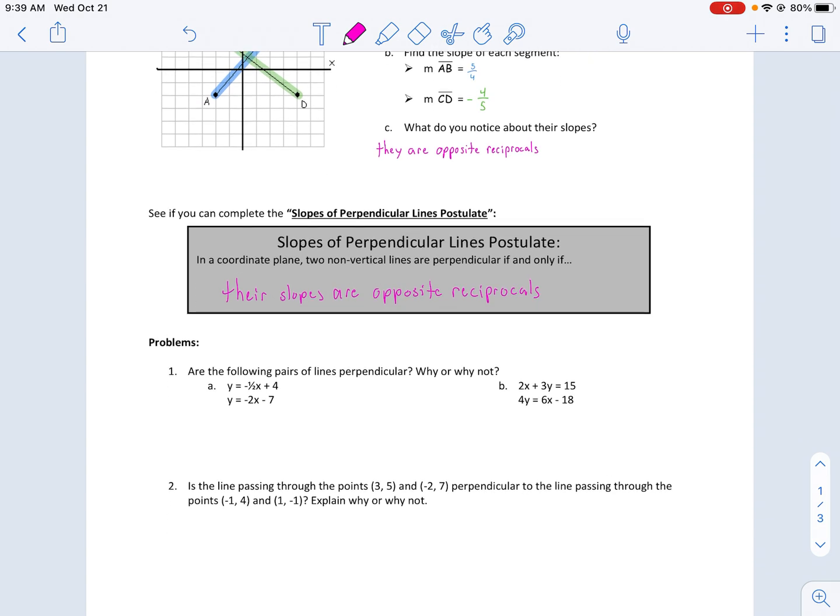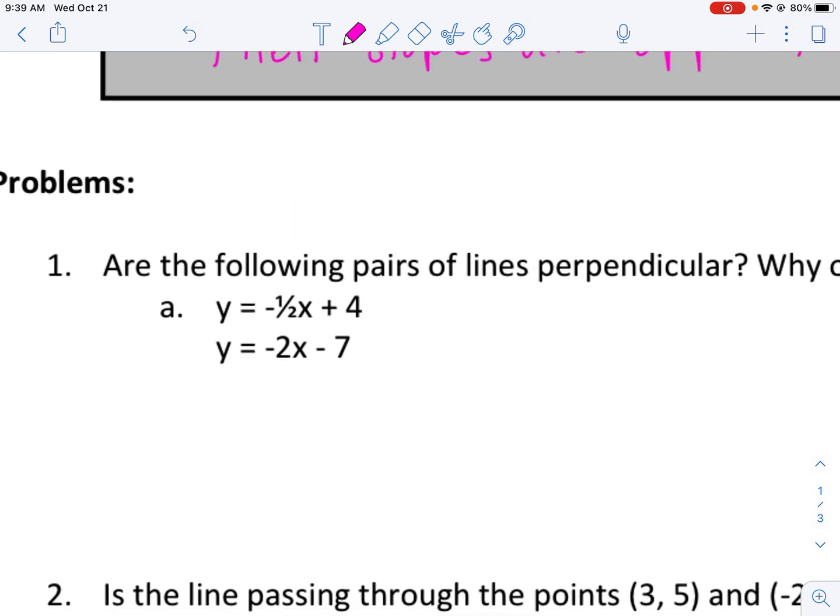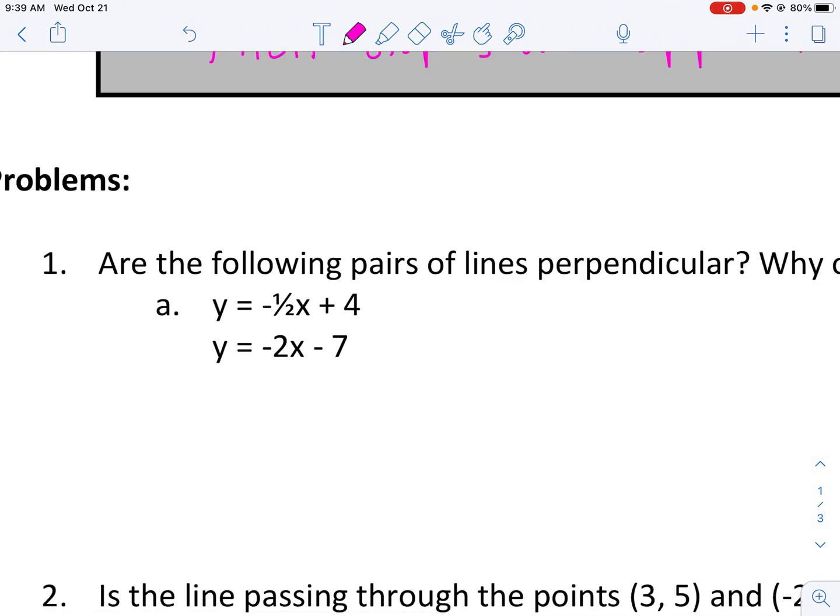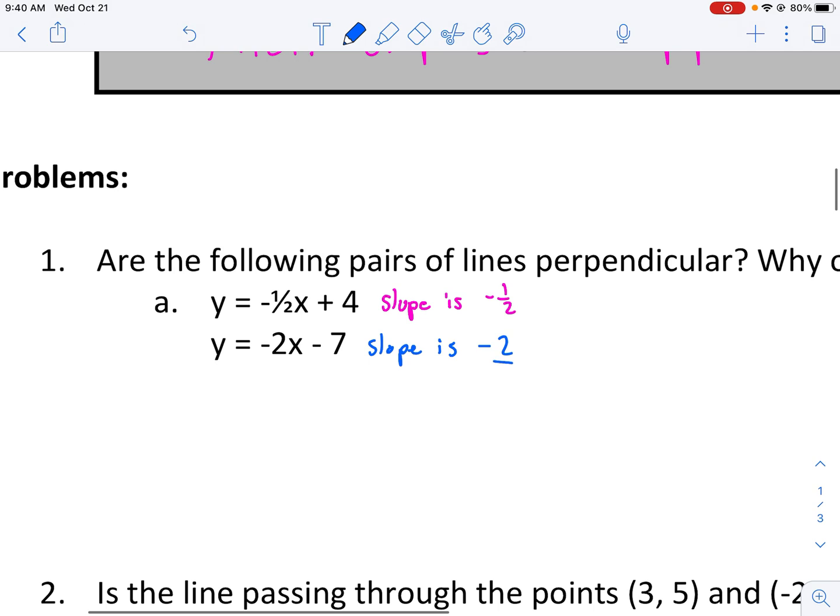All right, so number one down here, let's do some problems. Are the following pairs of lines perpendicular? Well, let's find the slope. This slope is negative 1/2. The other line's slope is negative 2. So even though they are reciprocals of each other, because negative 2 is really negative 2 over 1, so this fraction flipped is equal to that fraction, they're not opposites.